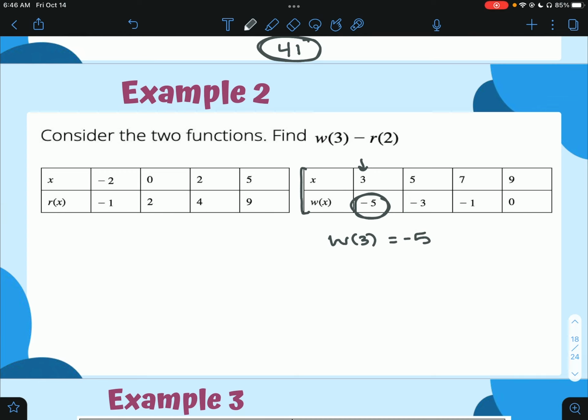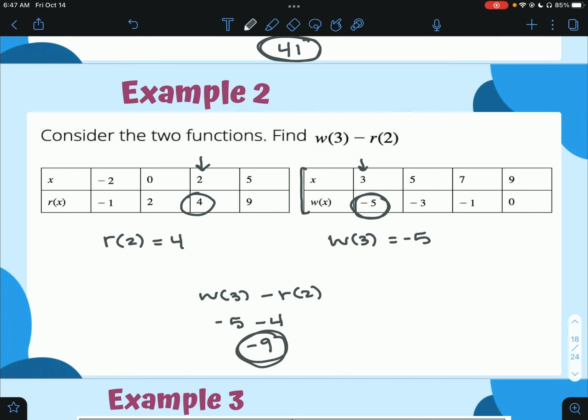R of 2, here's my input of 2, so my output is 4. So R of 2 equals 4. And we want W of 3 minus R of 2. Negative 5 minus 4, we get negative 9.